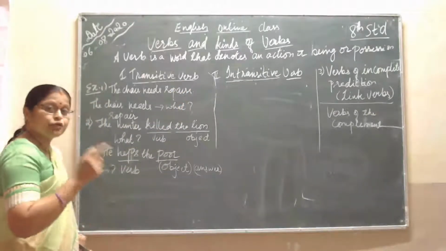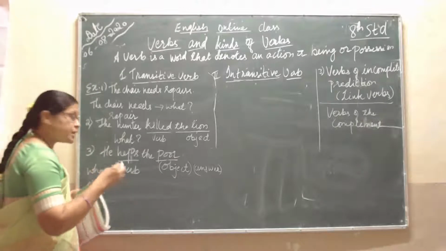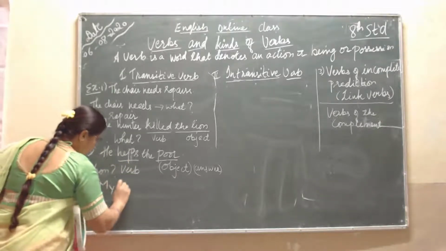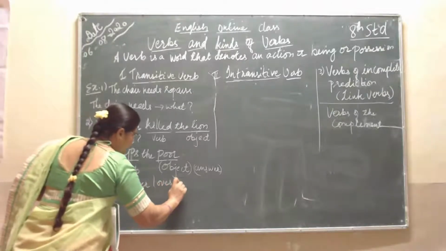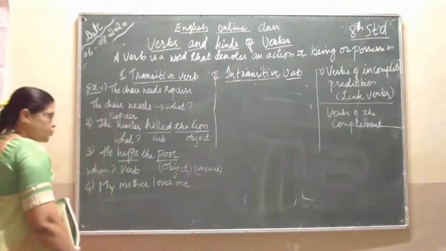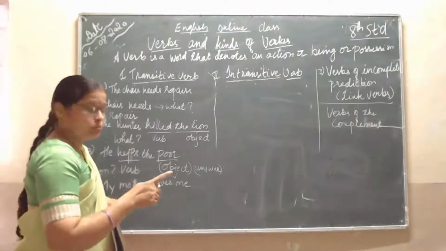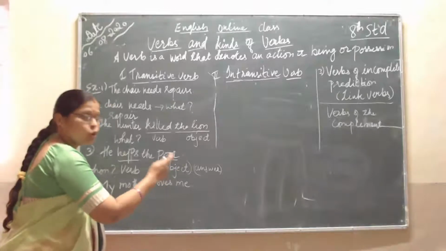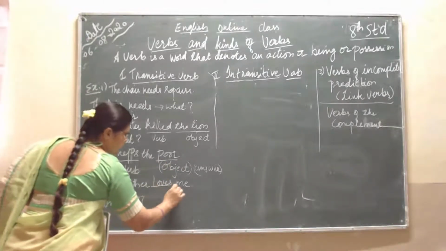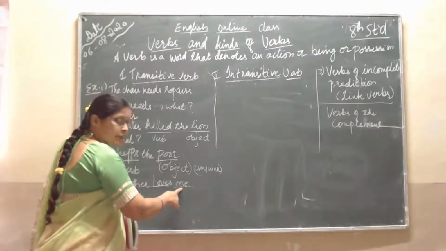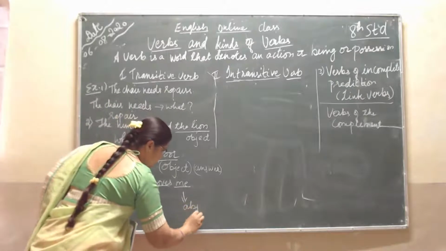Now the fourth example is: my mother loves me. So again you frame a question asking whom? My mother loves whom? Me. The answer will be me here, which is an object.